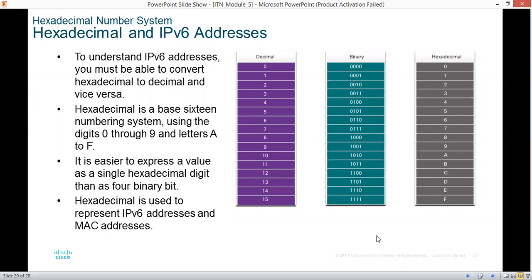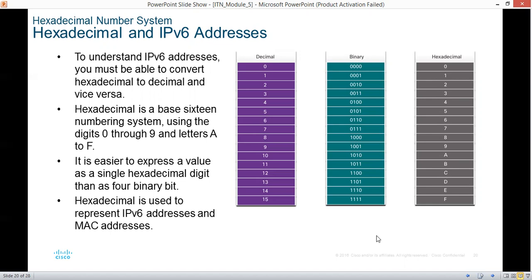Yes. Then the 8 is what? From what you can see here, 8 is 1 0 0 0. Good. And then the A is what? 1 0 1 0. And then the B is what? 1 0 1 1. Thank you very much.